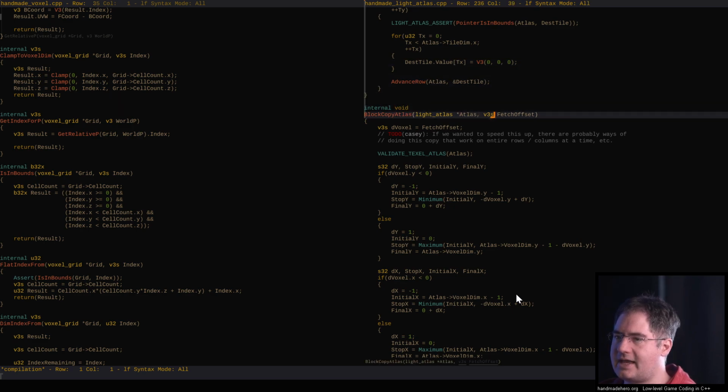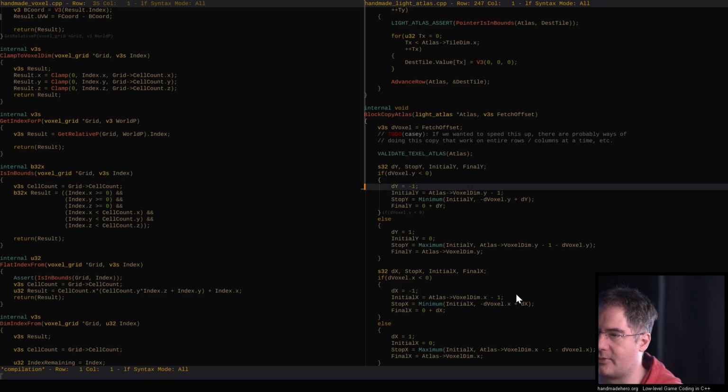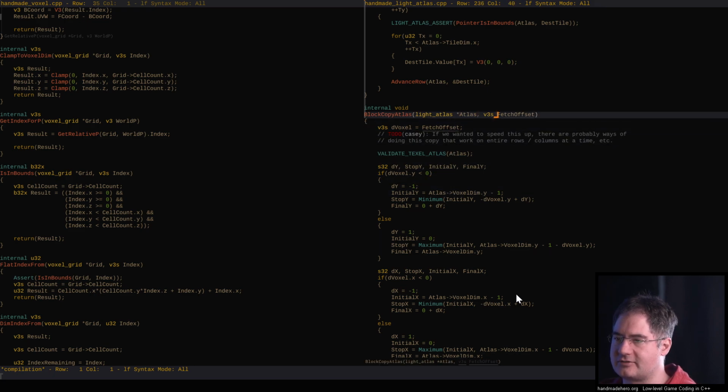Block copy atlas just takes an offset parameter, and the offset parameter tells you where in the voxel you are supposed to be fetching, right? So I'm going to fetch 2 away or 3 away or whatever it is. That's how much shift you're going to have in each of the directions.